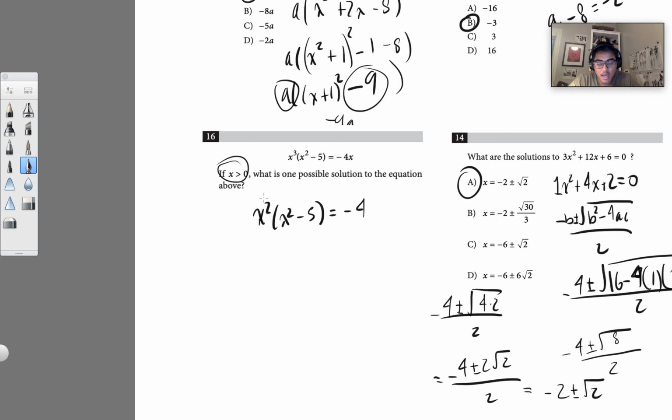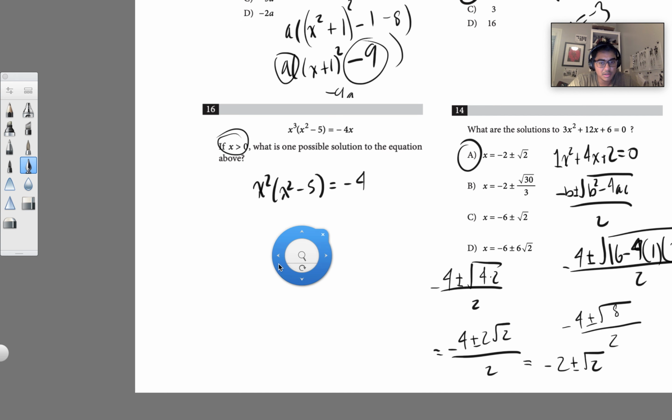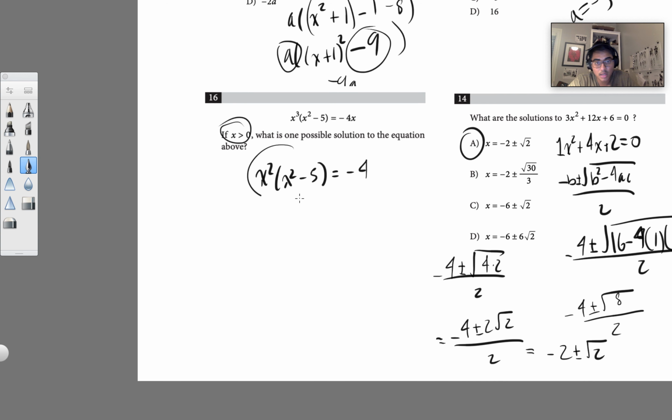Now looking at this, it might seem a little difficult to factor. Like, how am I supposed to factor a polynomial that has a 4th degree? Well, if you think about it a little bit, you can see that if you expand this and then bring the 4 over, x to the power 4 minus 5x squared plus 4 is equal to 0, you can see that we can factor this.